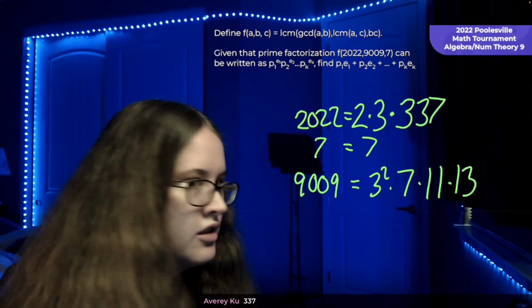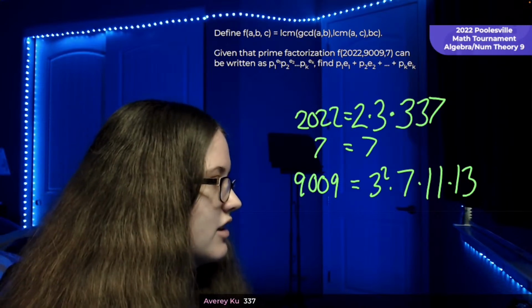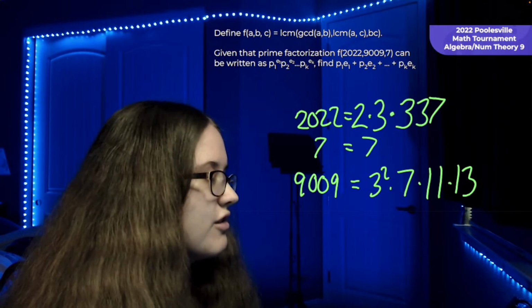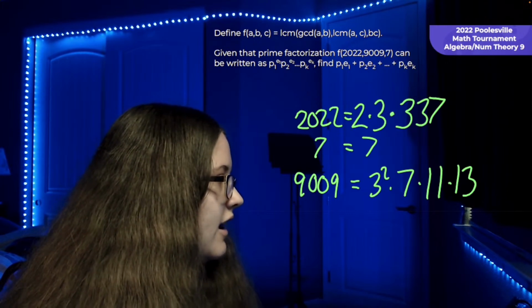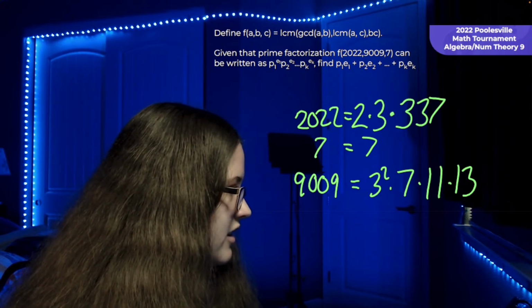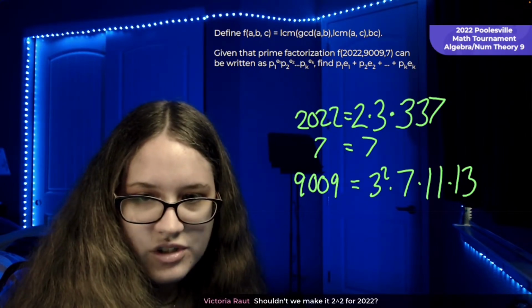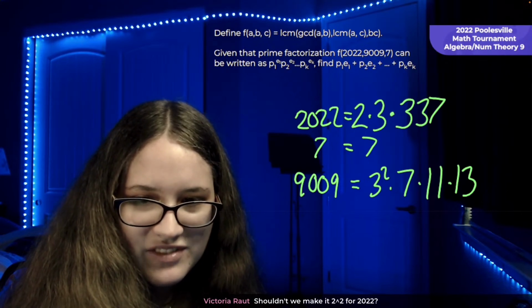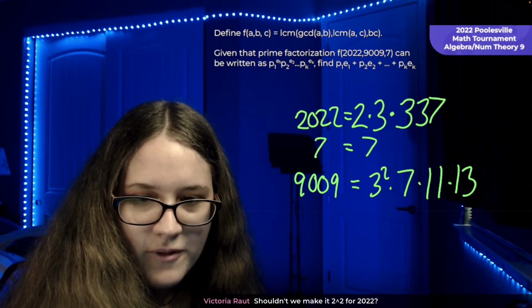Okay, so the first one, greatest common denominator of A and B, or greatest common divisor, sorry, is 3. Should we make it 2 squared? No, because 2022 isn't divisible by 4.